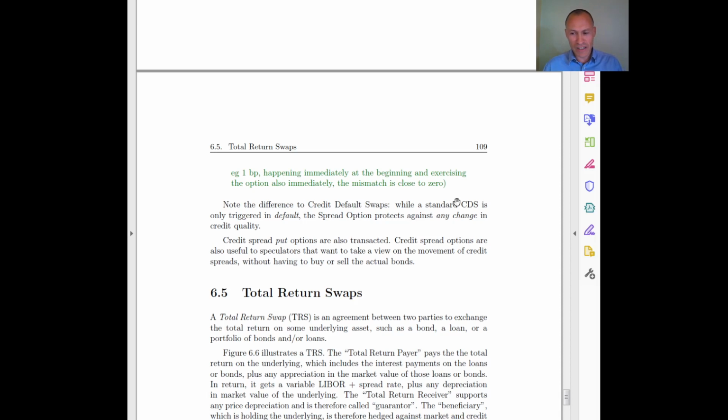And that is something that let me leave as an open question here in the video. The credit default swap actually does not protect me only against default. It also protects me against these other events like a decrease in the credit quality, even though the name seems to suggest that it's only protection against default. But in reality, it also protects me against other events prior to default, like a change in the credit quality.